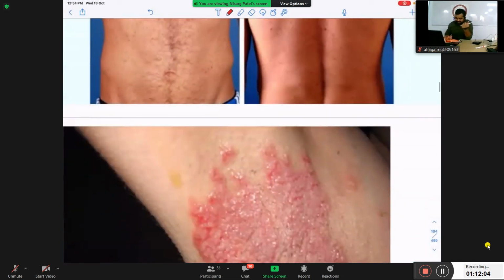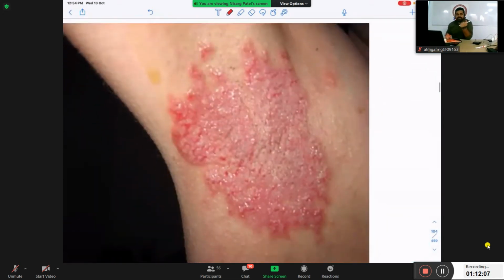But what happens in Hailey-Hailey disease? See this image. In Hailey-Hailey disease, desmosome connections are weak because of the calcium pump defect. Calcium pump defect is there, so weak connection. But what is happening in the localized area? There is no compensatory mechanism. So if there is no compensatory mechanism, what will happen?